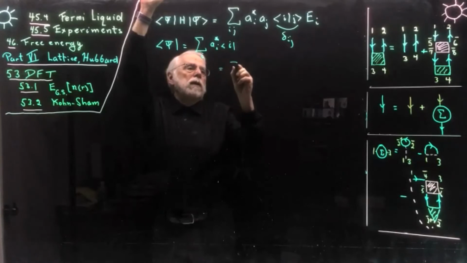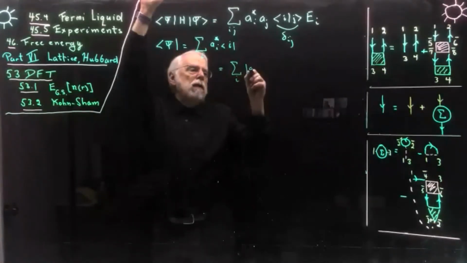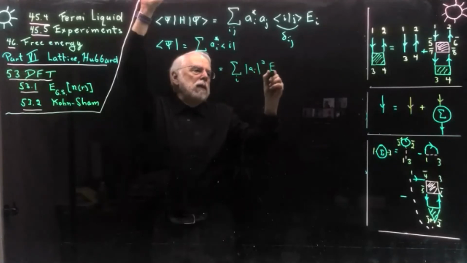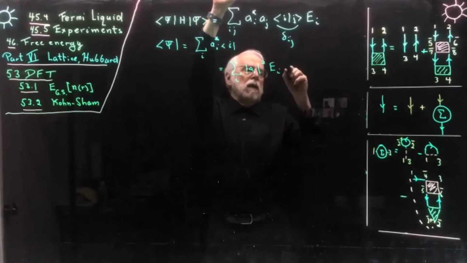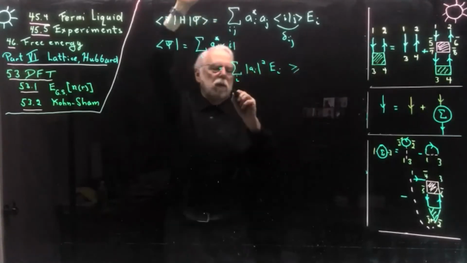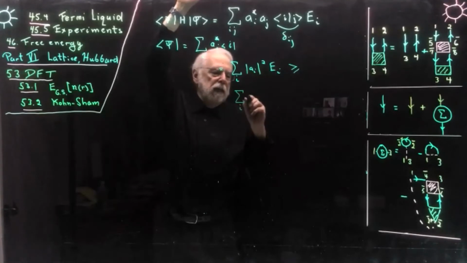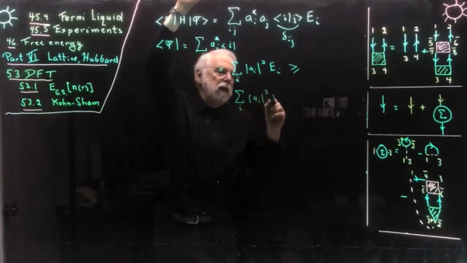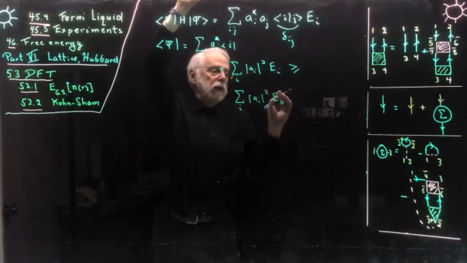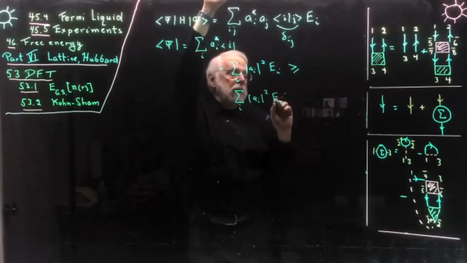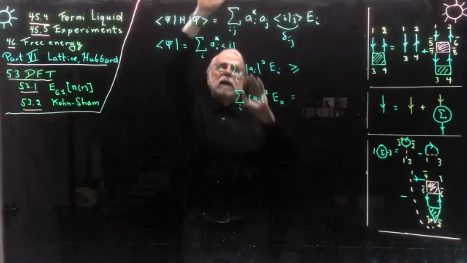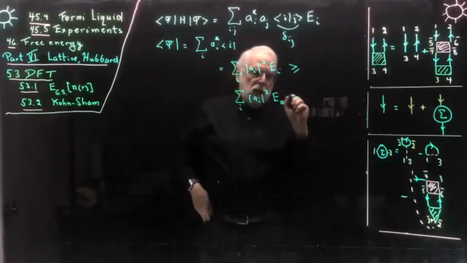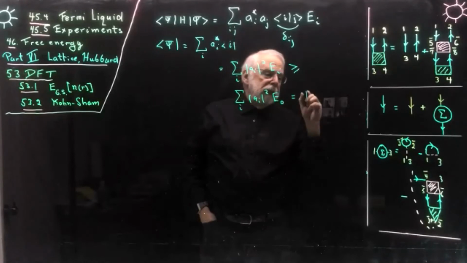So I'm left with the sum over i of |a_i|^2 times E_i, and this is necessarily greater or equal to the sum over i of |a_i|^2 times the ground state energy. By hypothesis, the ground state energy is smaller than any of these energies, and because the wave function is normalized, the sum over |a_i|^2 is 1, so this is E0.